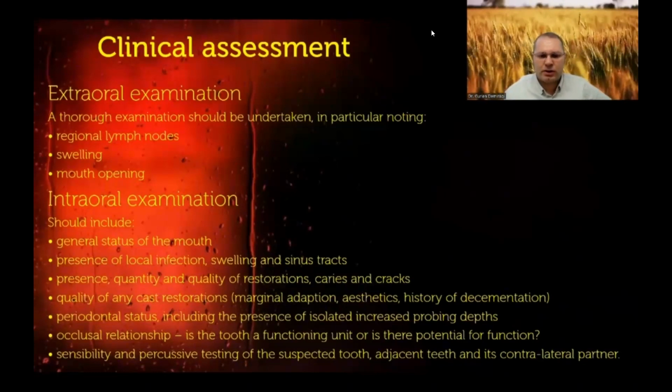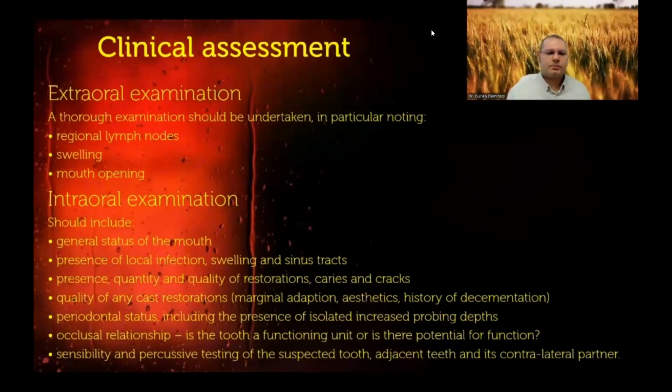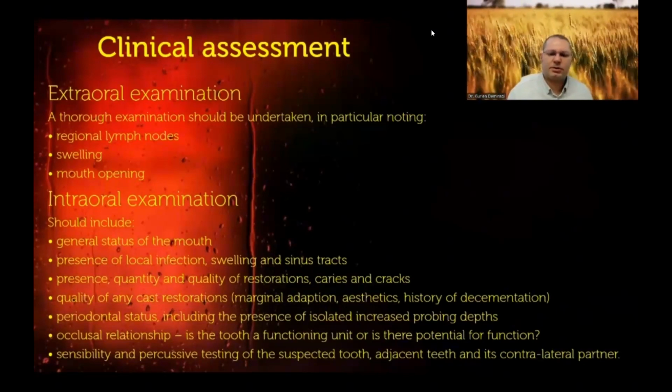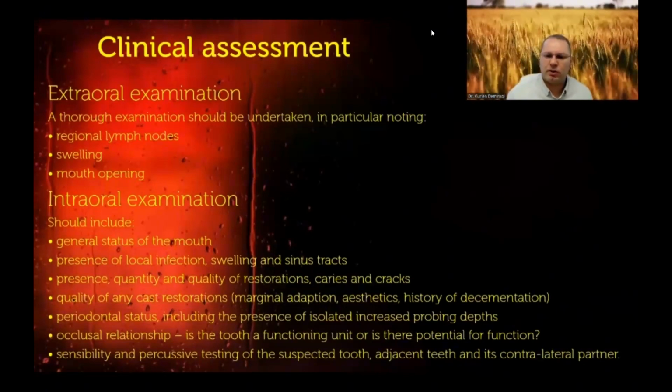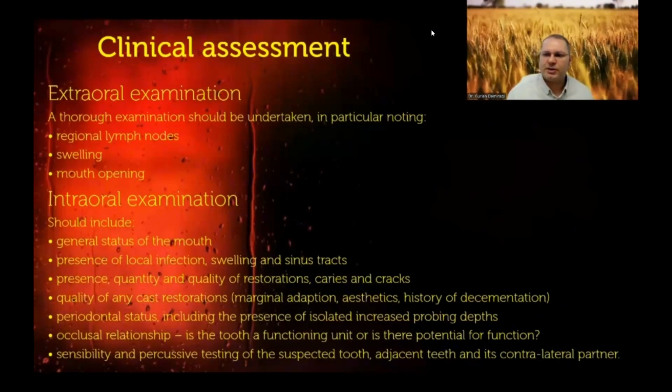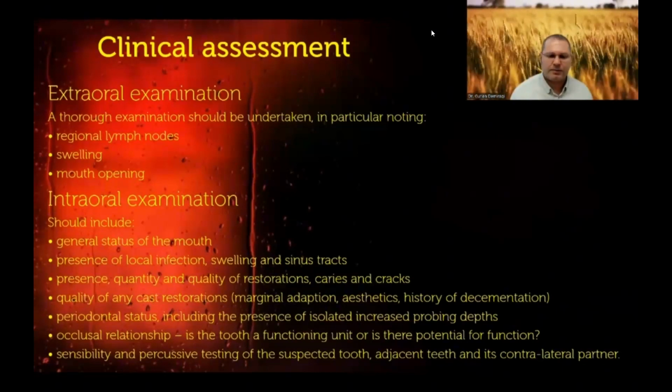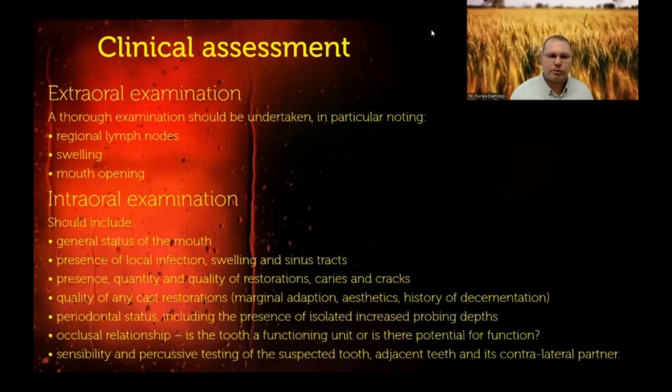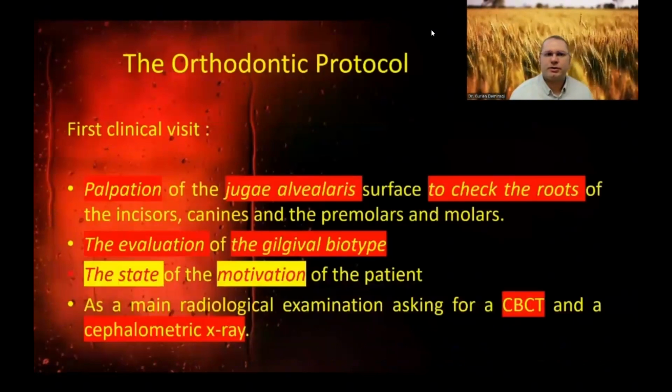Periodontal status, including the presence of isolated increased probing depth. Occlusion relationship: is the tooth a functioning unit, or is there a potential for function? Sensibility and percussive test for every tooth, adjacent teeth, contralateral partners of each and every tooth in the mouth that we are going to treat.